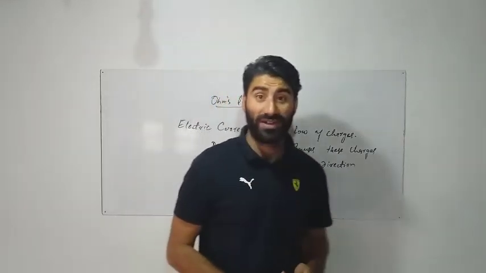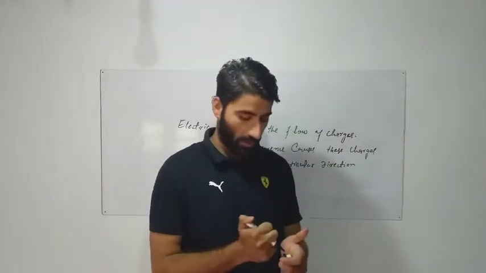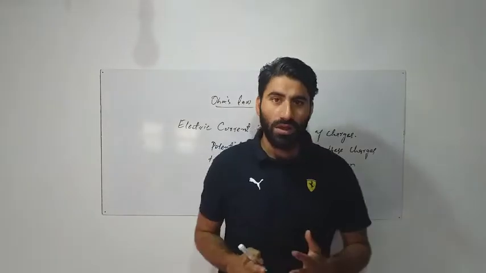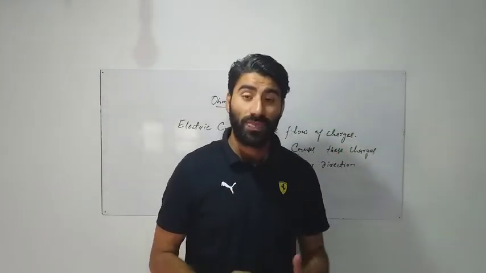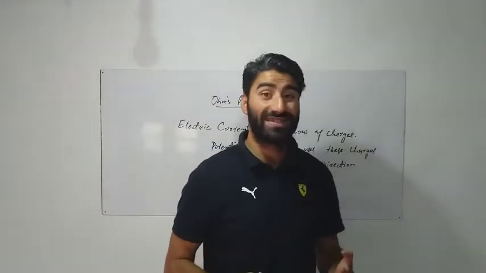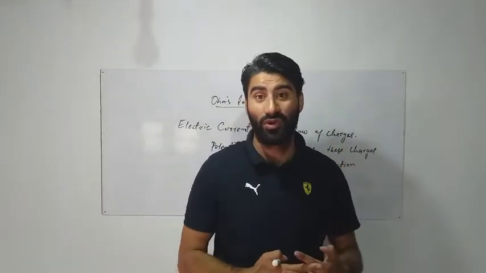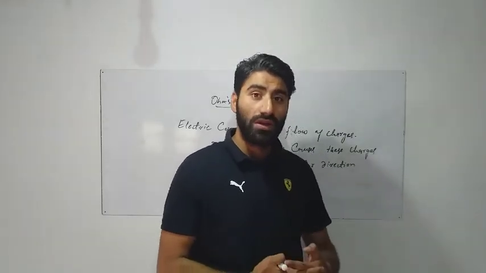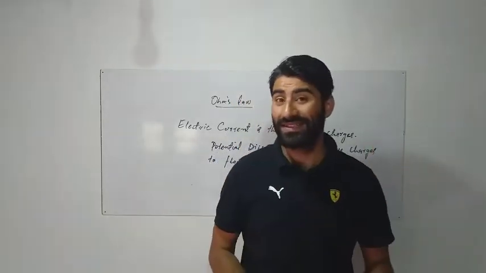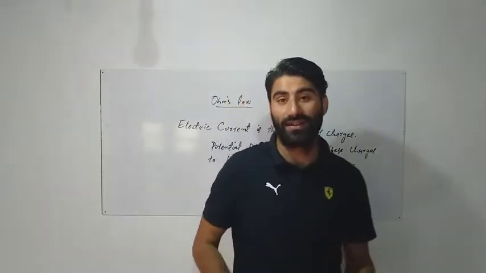When we talk about this electric current, here the question arises: if this potential difference causes these charges to flow, and arises this electric current, so what is the dependence of this potential difference on this electric current?